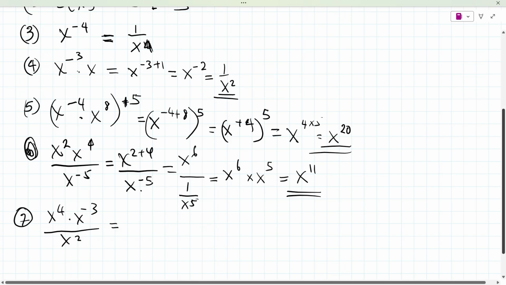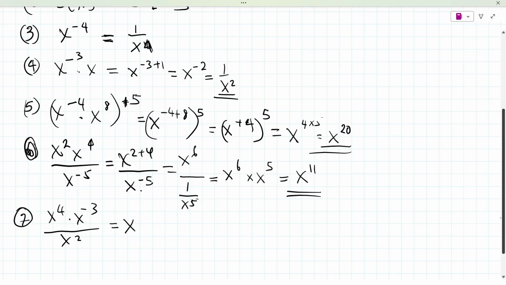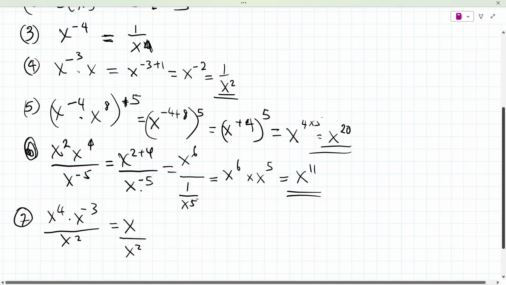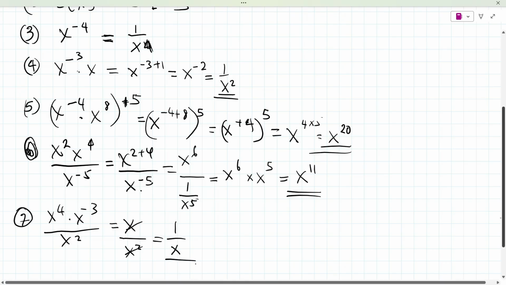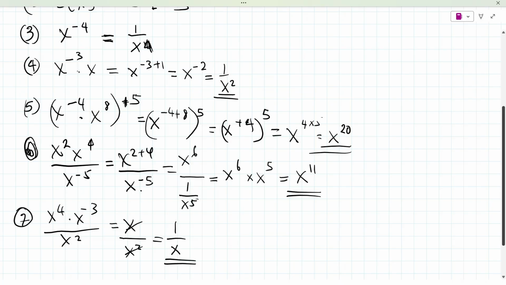This is the same as saying x to the power 4 minus 3, which is x, and it's being divided by x squared. Now, x squared means x times x. So this x will certainly cancel with one of these x's to leave us with 1 over x.